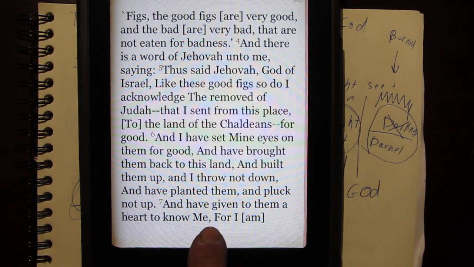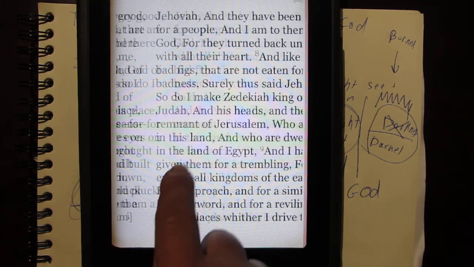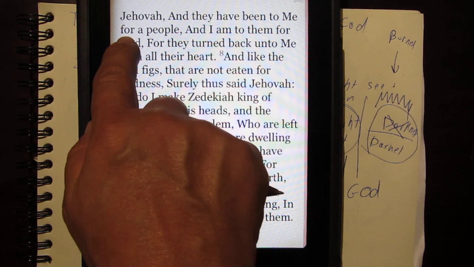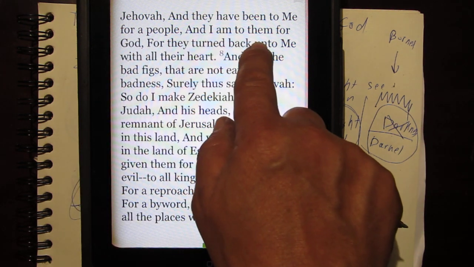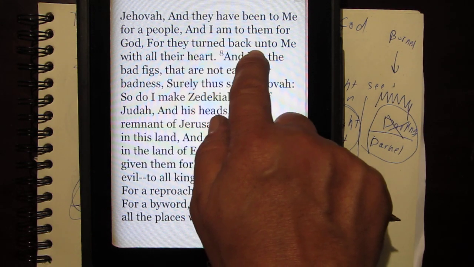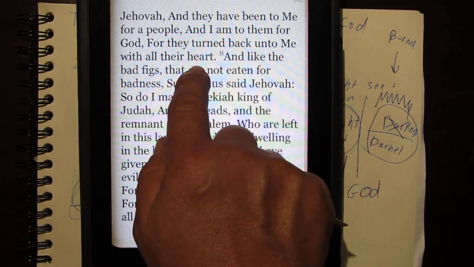It's secular, and it was brought forth by Rothschild. Israel today. And have given to them a heart to know me, for I am Jehovah Yahweh, and they shall be to me for a people, and I am to them for God. For they turned back unto me with all their heart.